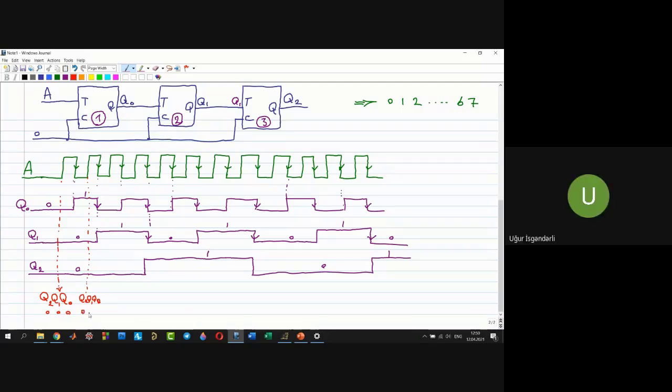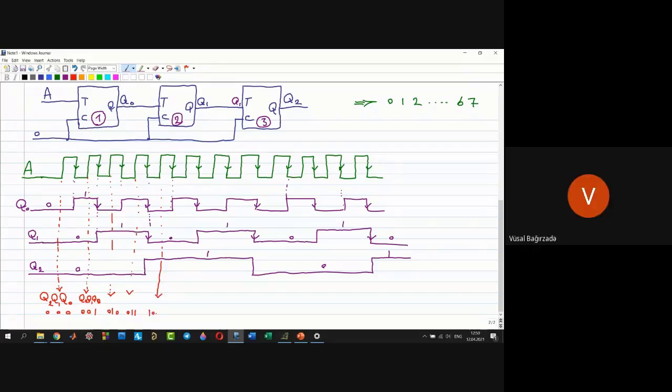0, 0, 1. What about here? 0, 1, 0. And here? 0, 1, 1. Here? 1, 0, 0.